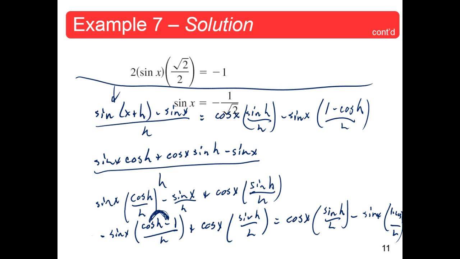So as h approaches 0, if we go to this form, sine h over h, then you see this in calculus, that's equal to 1. So the derivative of sine is cosine. Here, the limit is 1 minus cosine h over h, and you'll also see that that's equal to 0.